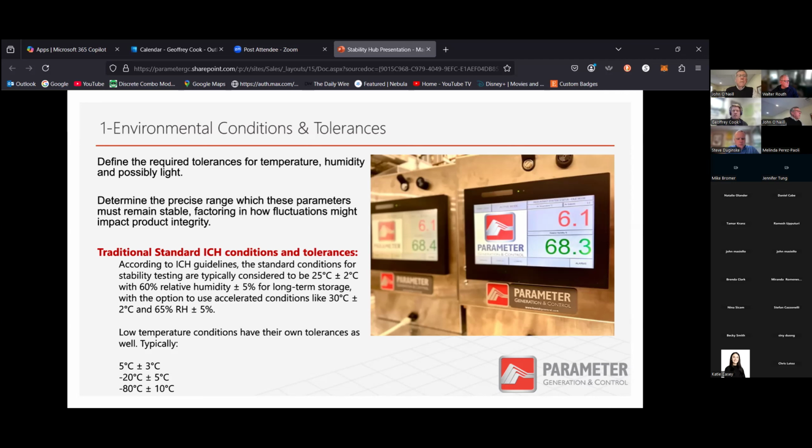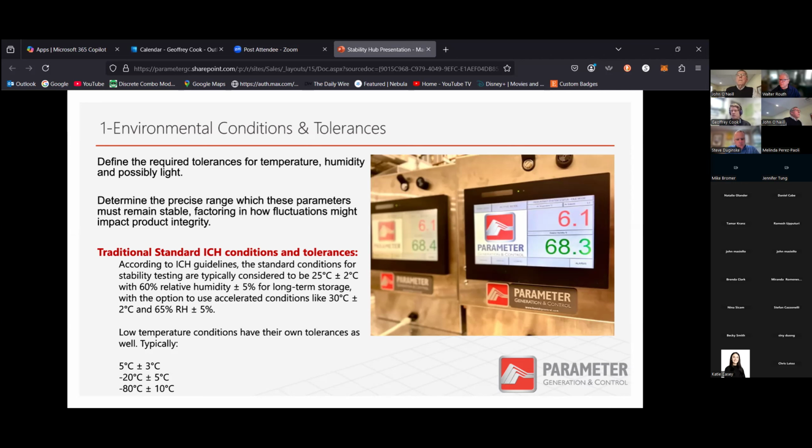As you get towards lower temperature only conditions, such as minus 20, which is what a lot of the vaccines for COVID were stored at, those tolerances get a little more lenient at plus or minus 5 degrees. And then even lower down, a minus 80 degree chamber would involve a cascading refrigeration system that has its own nuanced complexity of engineering and design.